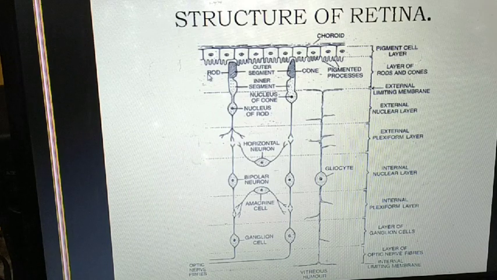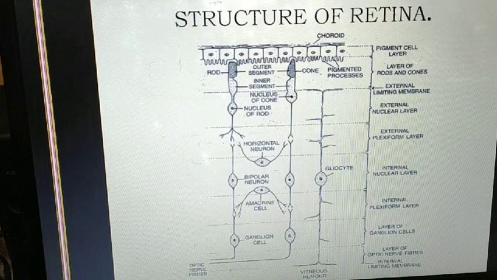The outer layer is the layer of pigment cells. This is a single layer of pigmented cuboidal cells, and it is close to the choroid coat, and it continues beyond the ora serrata.